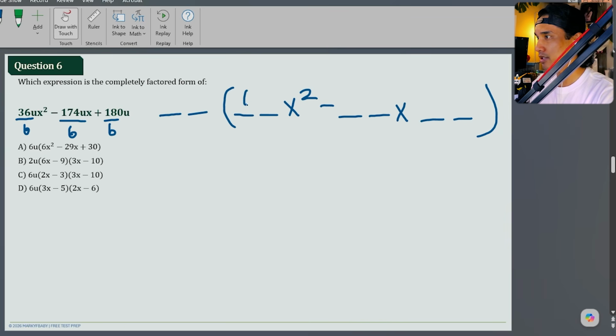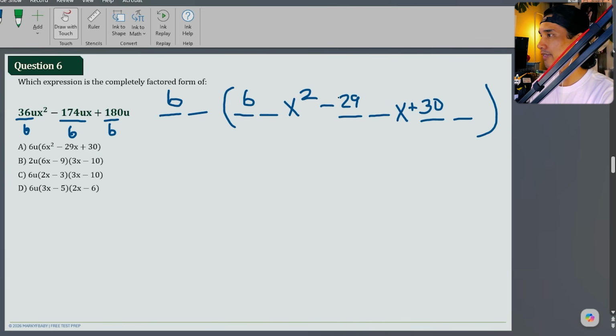So I'm going to put a 6 right here. And remember to put a 6 right here because this is the number you are dividing out. And then what is 174 divided by 6? That is 29. Okay. What is 180 divided by 6? That is 30. And I forgot to put a plus sign right here.